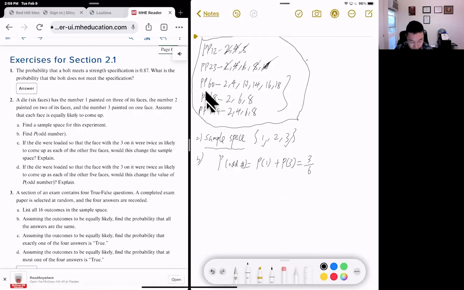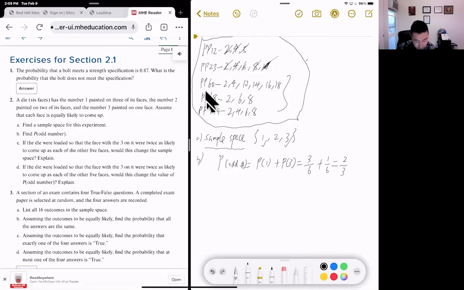For P3, because 3 is on only 1 face, that is 1 over 6. So the probability of an odd number will be 2 over 3 after simplification.